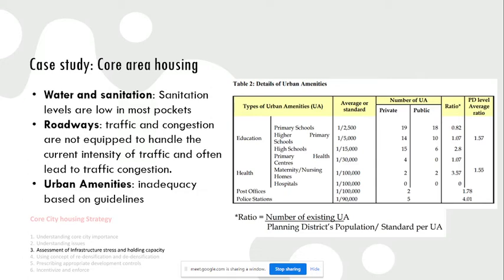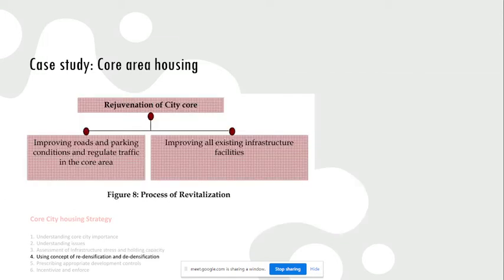Then roadways have high traffic and congestion. Then urban amenities: there is inadequacy of education facilities, health facilities, post offices and police, with respect to the guidelines, and the number available is similar to the planning district of the PETA of Bangalore.